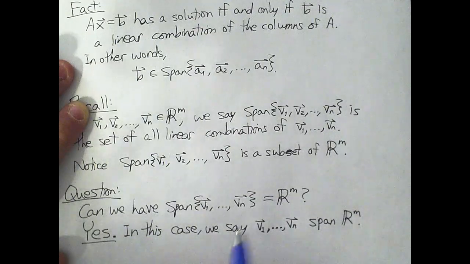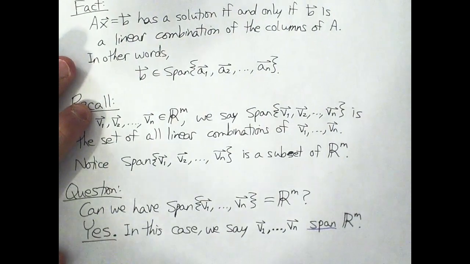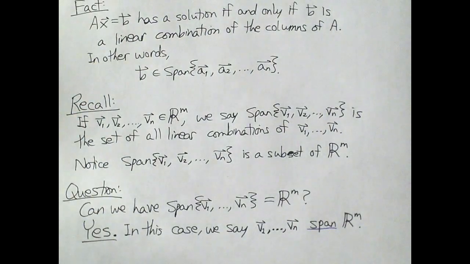I'm going to underline that. I'm using this as a verb. So we're using the word span a little bit differently now. So far we've talked about the span of a set of vectors, and I think last time we also said the phrase spanned by. But now I'm using just the word span as a verb. These vectors span Rm.